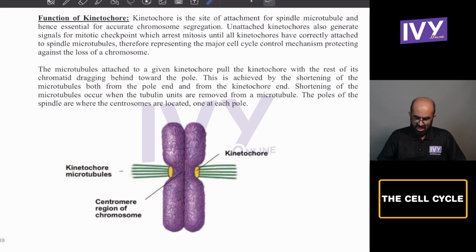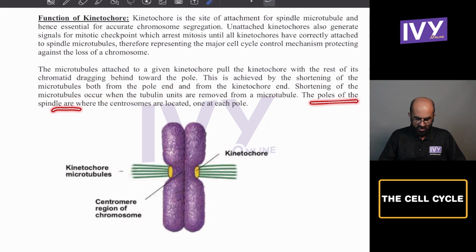And this is achieved by the shortening of the microtubule. I told you about the dimer story, the addition of dimers and removal of dimers. So shortening and lengthening of the spindle fiber is actually involved in separating the two chromosomes from one another toward both poles. Shortening of the microtubule occurs when the tubulin units are removed, as I told you initially, from the microtubule.